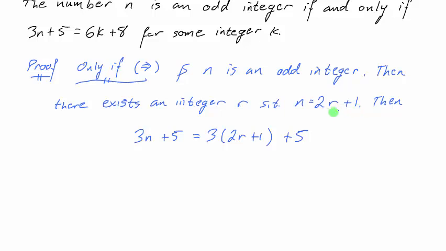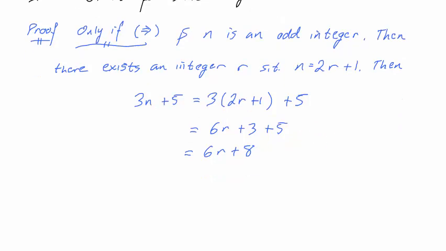So just replacing n with what it's equal to from our definition of odd. Then I'm going to distribute the 3 through. So we get 6r plus 3 plus 5, which is equal to 6r plus 8, and that fits the form directly. I don't have to do any additional factoring.